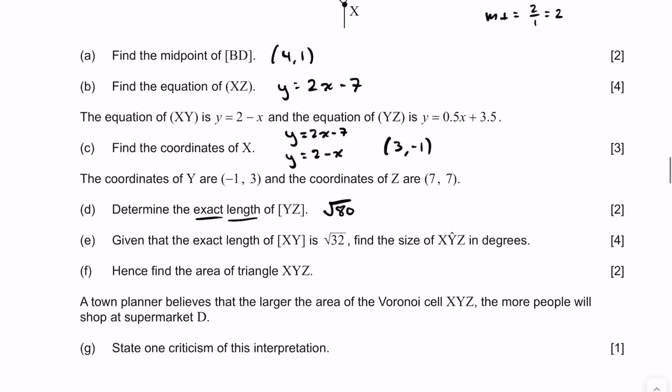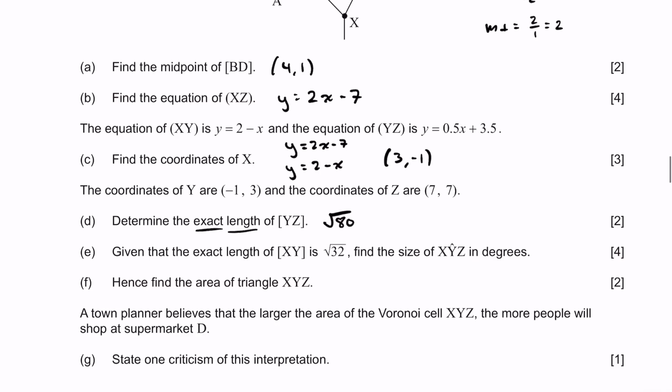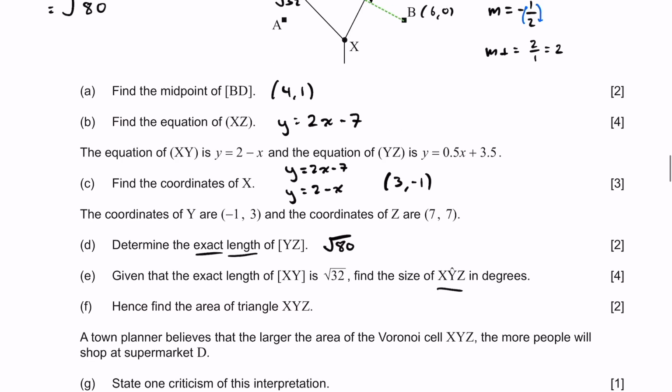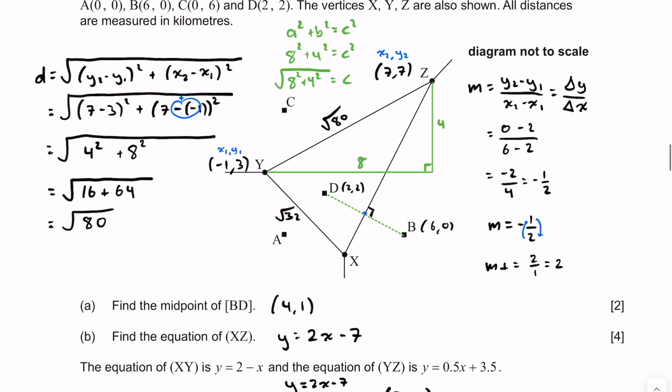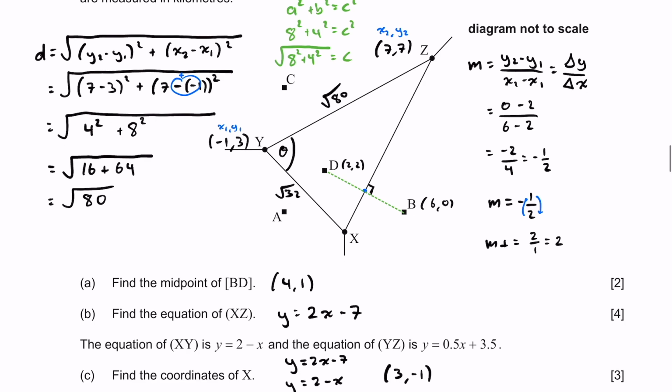Given the exact length of XY, find the size of XYZ. So XYZ is going to be this right here. So how can we do that?